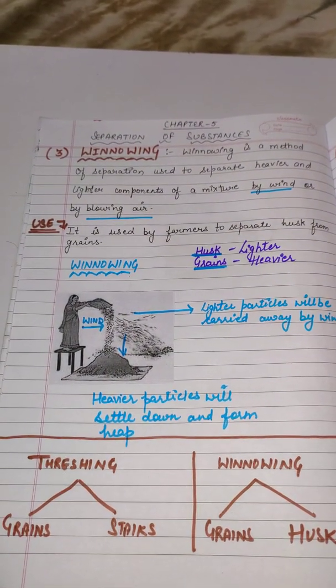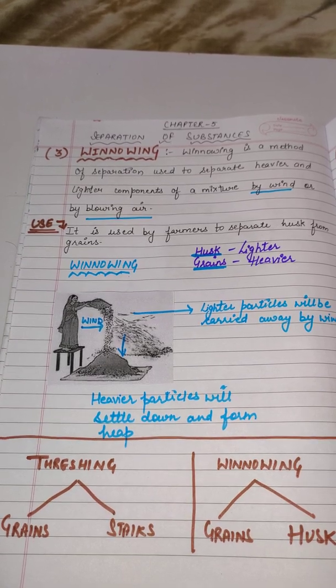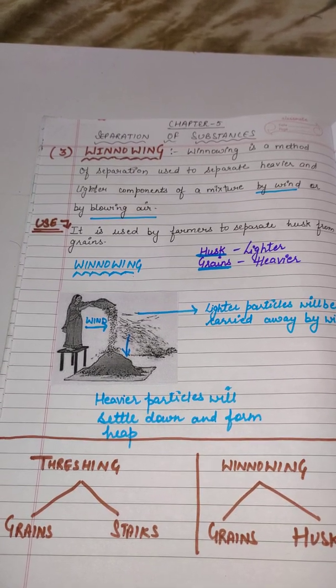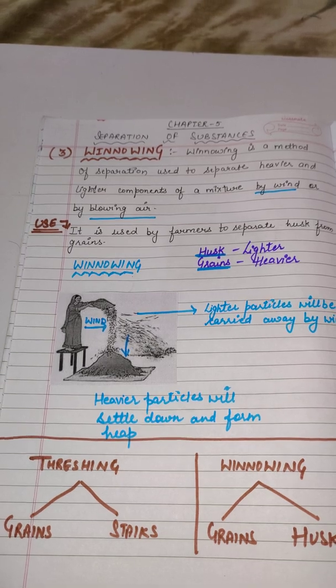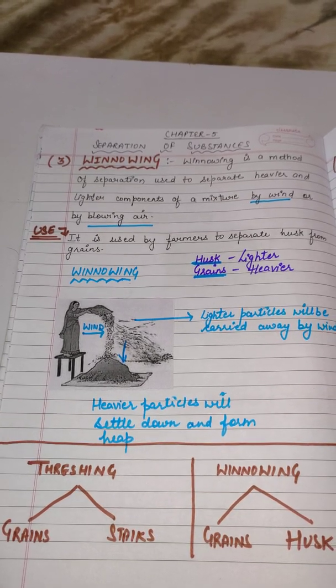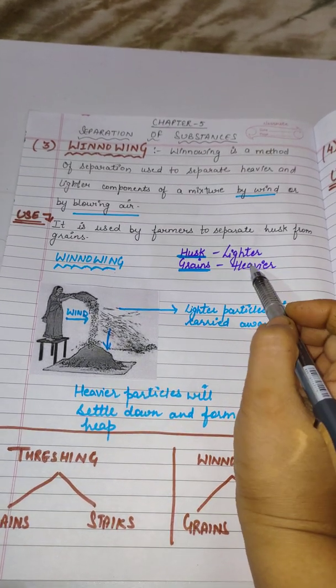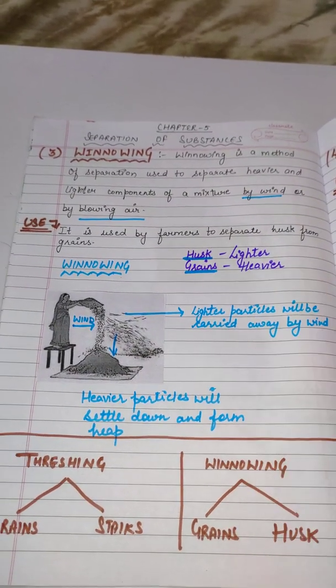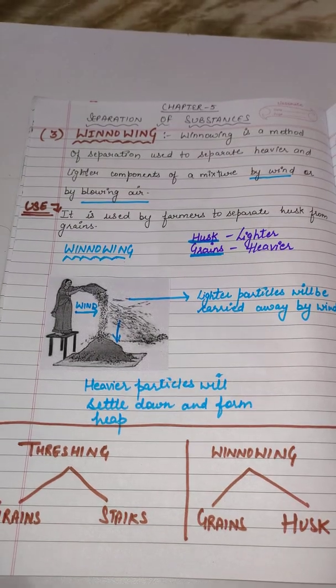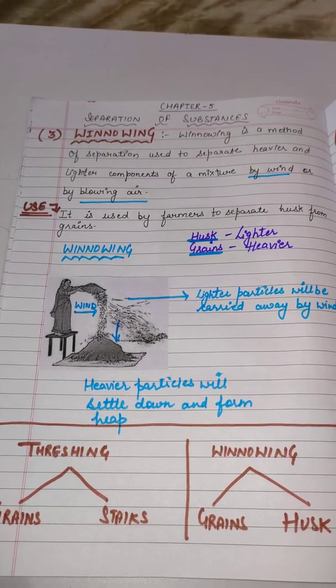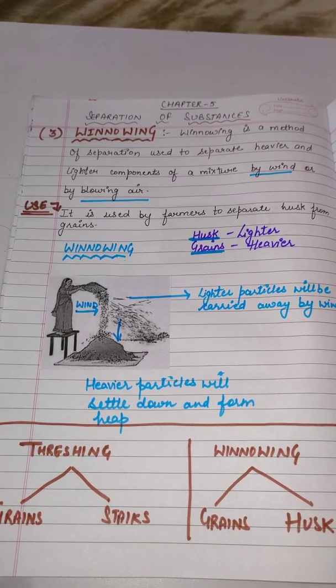So, winnowing is a method which is used to separate heavier and lighter components by the action of wind. Here, the lighter particles are husk and the heavier particles are grains. The grains are used to eat and the husks are used as fodder.